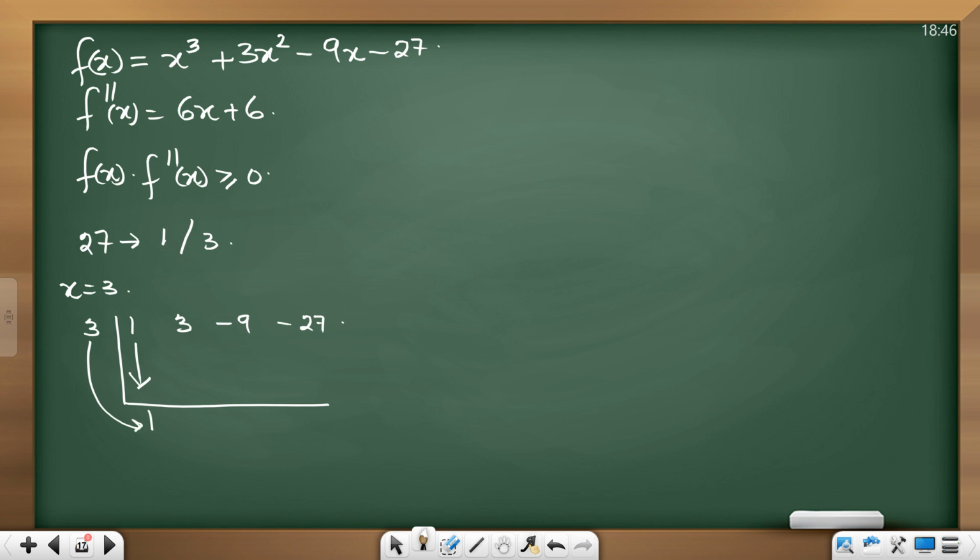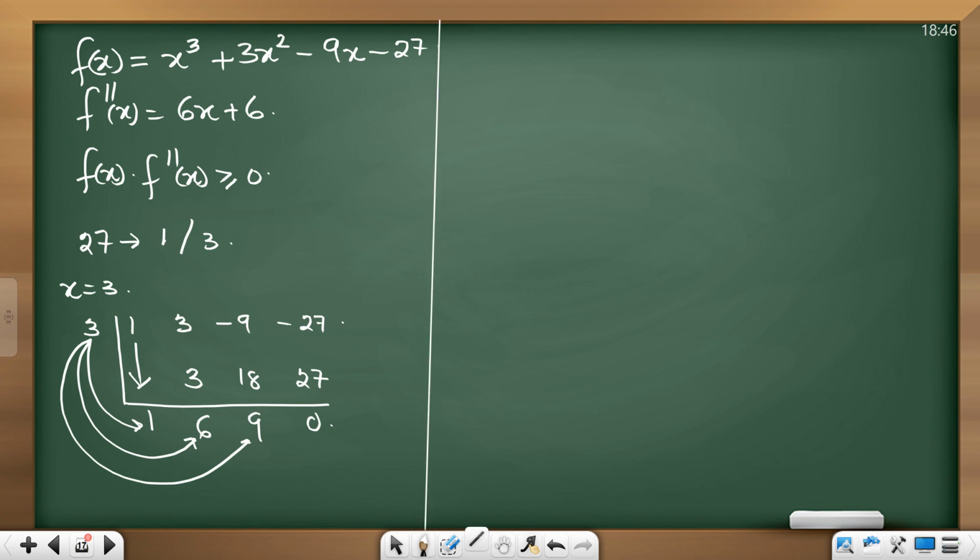Let's rush. 1 times 3 times 1 will give us 3. We add. That gives us 6. 3 times 6 would give us 18. 18 minus 9 is 9. 3 times 9 will give us 27. We must get a 0 there. If you're not getting a 0 there, then that is not going to work.